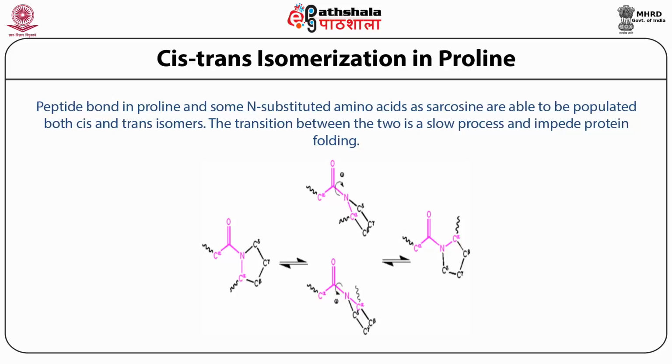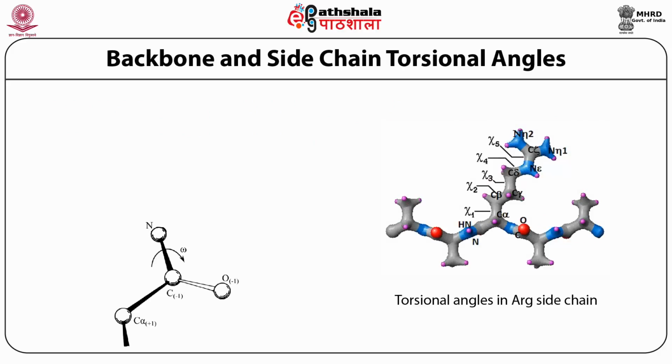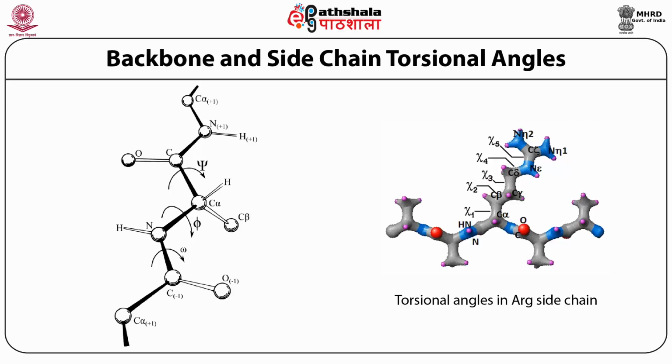Backbone and side chain torsional angles. We show here a peptide backbone for the i-1 to i to i plus 1 unit. We show rotational angle phi around N C alpha and C alpha C psi.